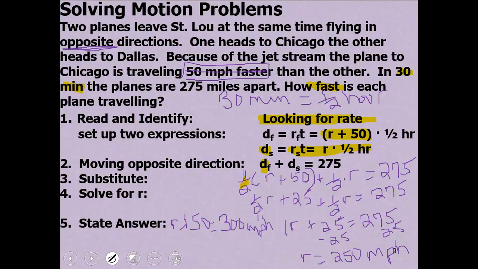So the faster is 300, and that one's going to Chicago. The slower is 250. Faster plane is 300 miles per hour and the slower plane is 250.